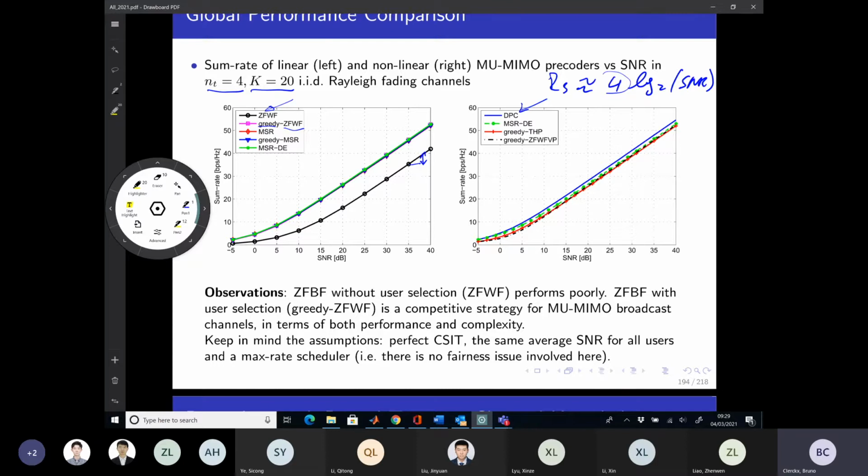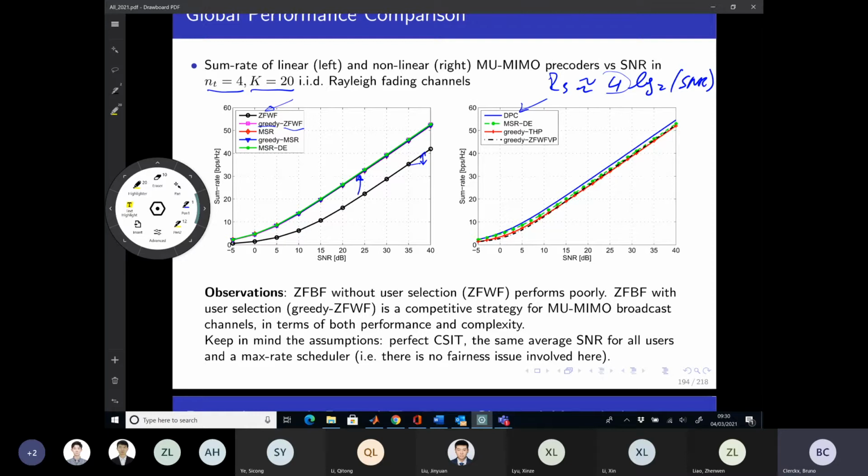Here it's called a greedy scheduler, where we try to find across all those different possible subsets which subset is the best one for each realization of the channel. And if you do that, you see that your performance increases quite significantly, right?